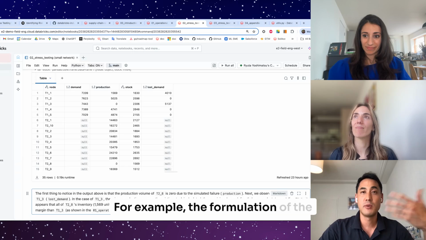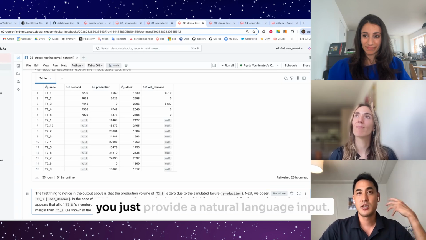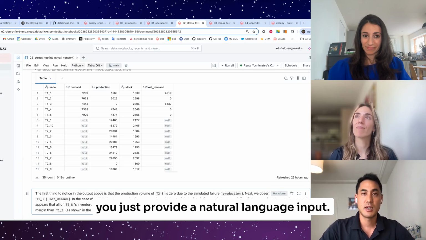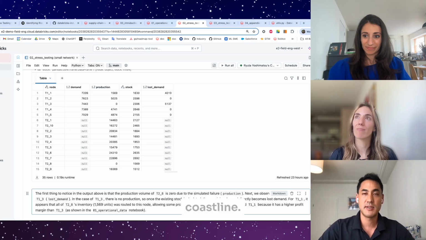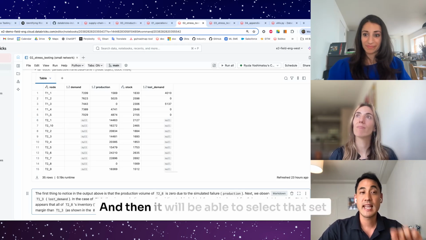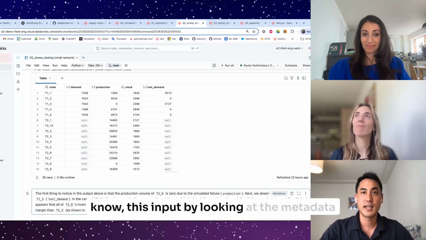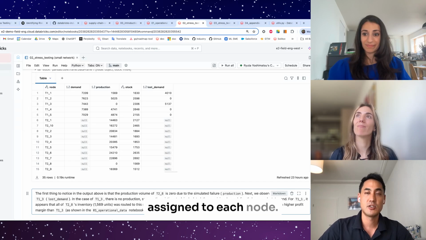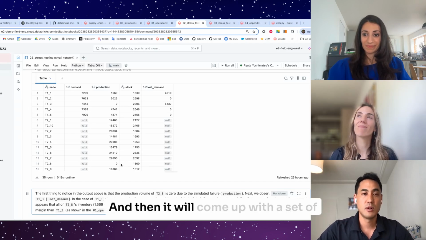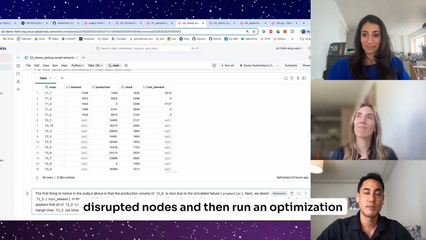For example, the formulation of the disruption. You just provide a natural language input: okay, there was a tsunami on this specific coastline. And then it will be able to select the set of nodes that were disrupted by looking at the metadata assigned to each node, and then run an optimization problem.